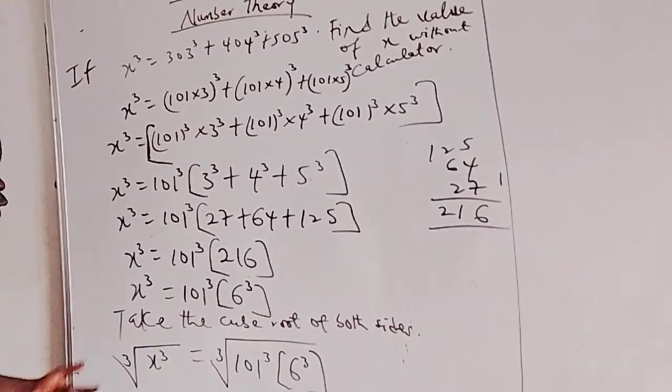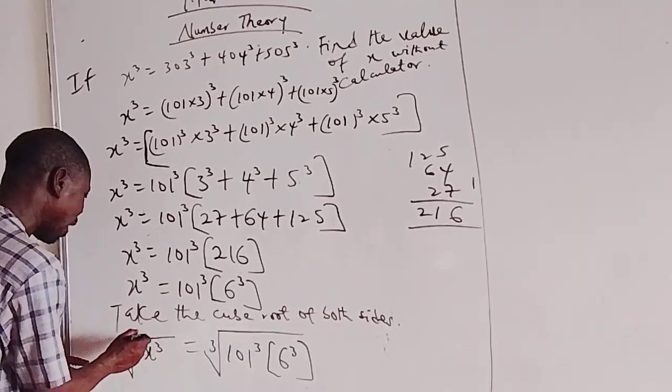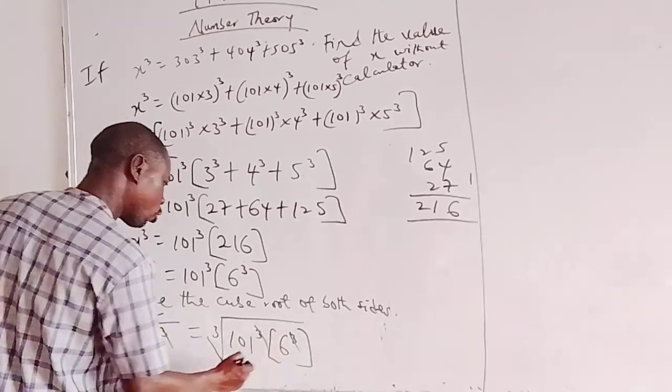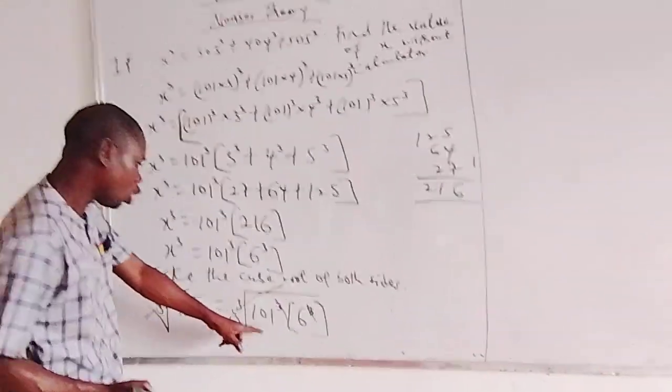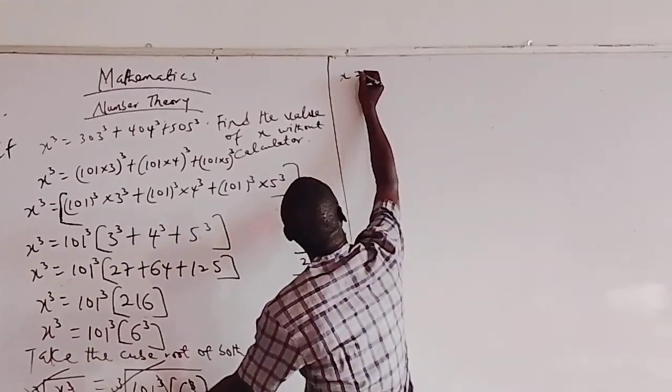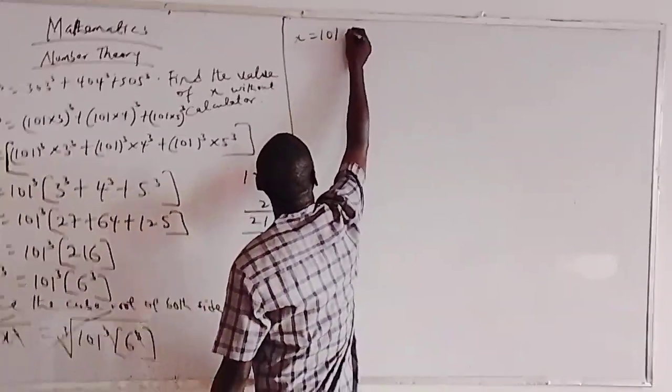So that implies that this cube root will eliminate the cubic factors here. So these cubic factors are eliminated, and x is now equal to 101 multiplied by 6.